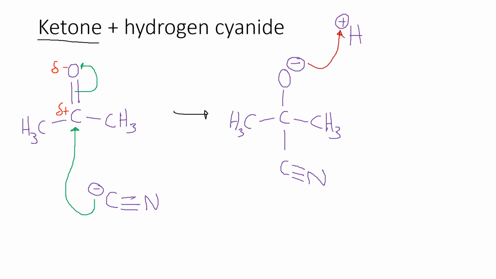So if we look at the curly arrows we've drawn here, this first one is a bond forming curly arrow, forming a new carbon to carbon bond. If we look at this curly arrow here, this is a bond breaking curly arrow because the double bond is breaking and we're moving the electrons onto the oxygen. And then lastly, this curly arrow over here is forming a new bond between the oxygen and the hydrogen.